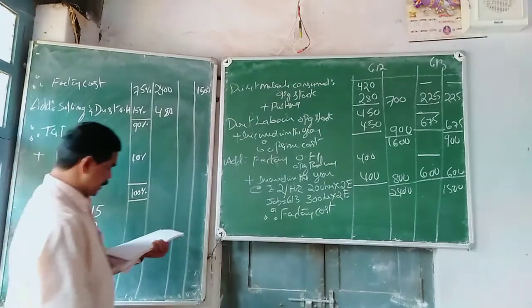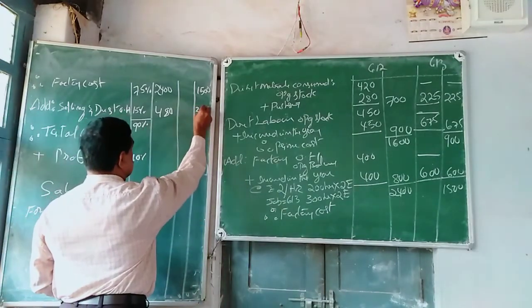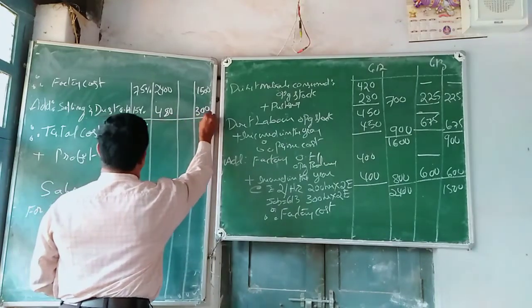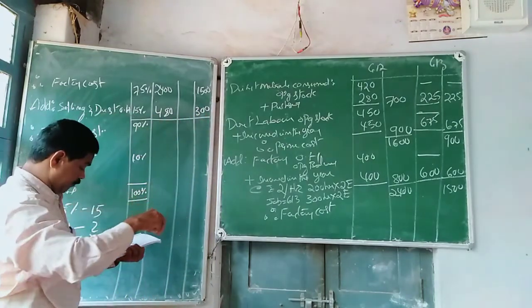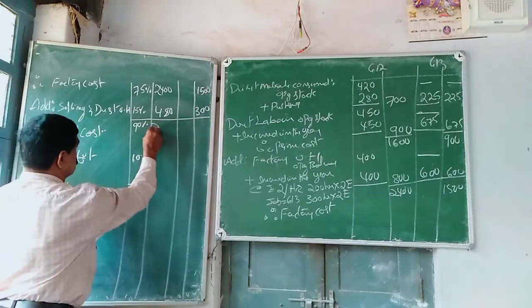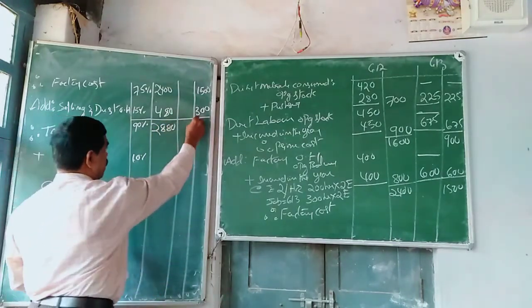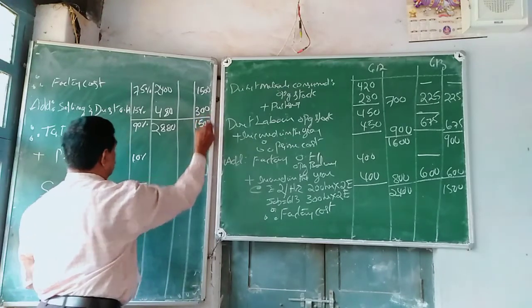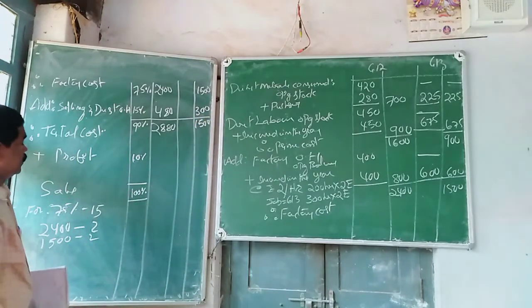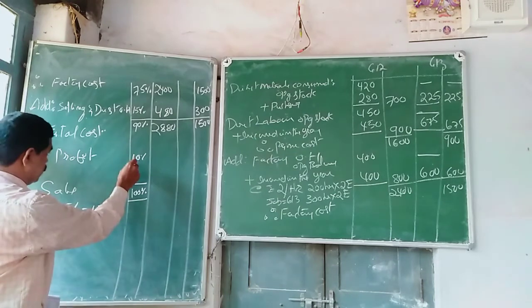For 1,500 it is 300. Now 2,400 plus 480 is equal to 2,880, then 1,500 plus 300 is 1,800.